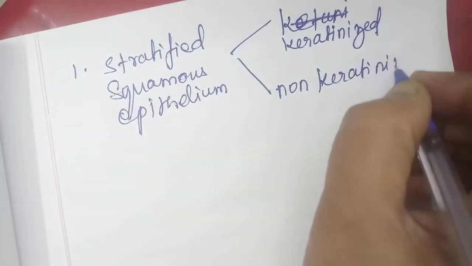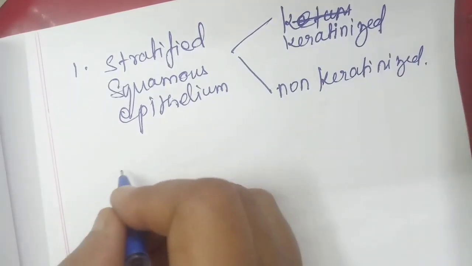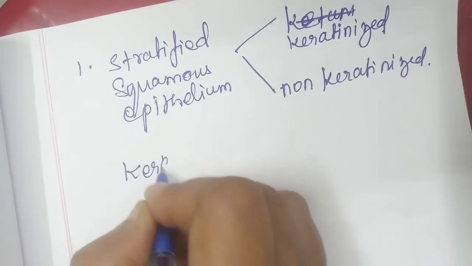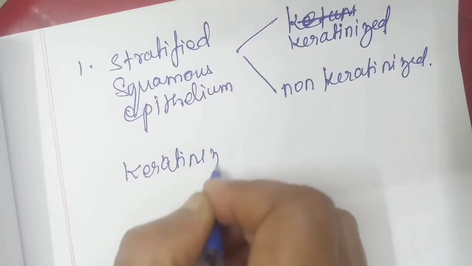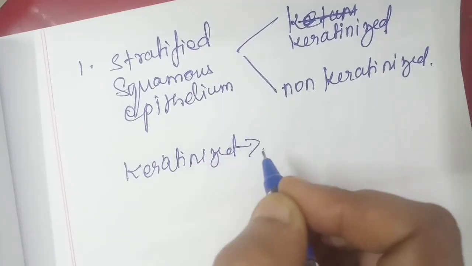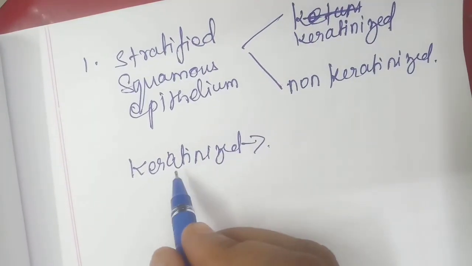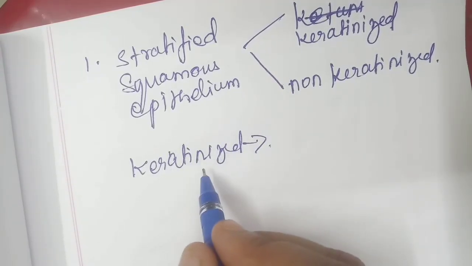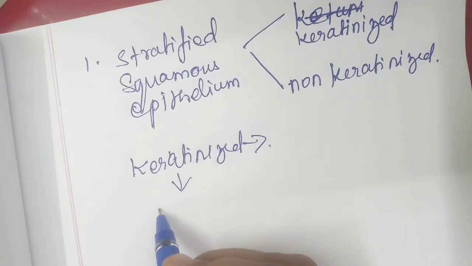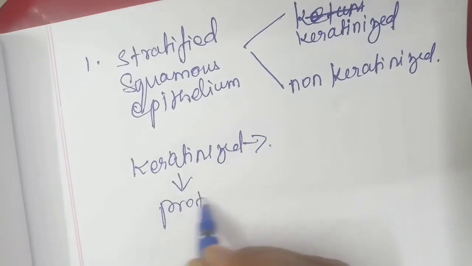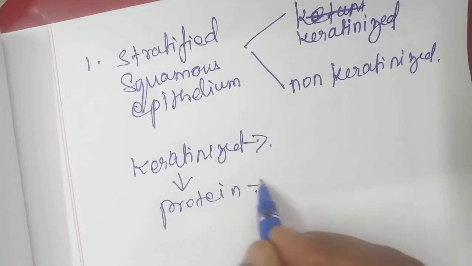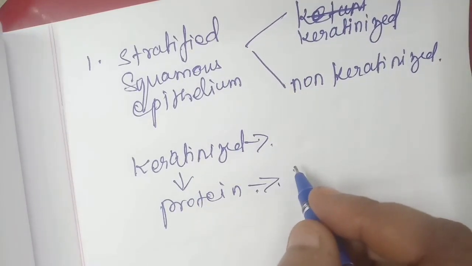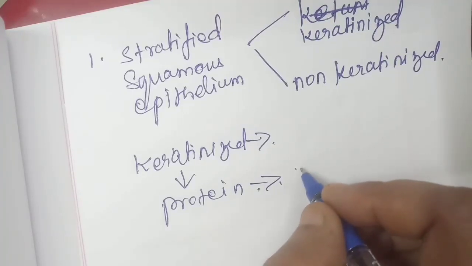First we will see keratinized. Here in your book, the explanation of what is meant by keratin is not fully given. Keratin is a protein, mostly it fills the outermost layer of our body covering, that is the epidermis.